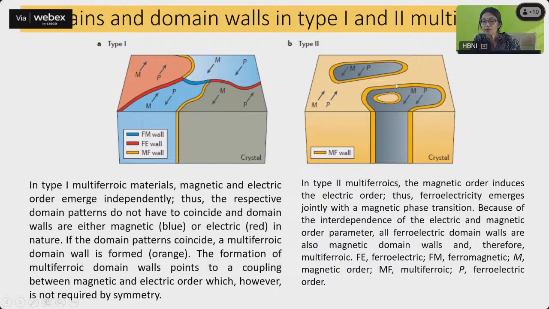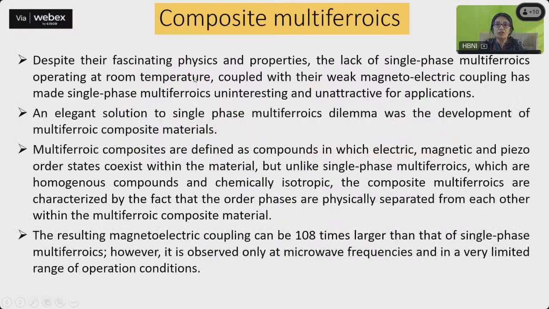So all of these are multiferroic walls because ferroelectricity emerges jointly with a magnetic phase transition. So you have seen how the domains and domain walls look in a type 1 and a type 2 multiferroic. Apart from this, you can have composite multiferroics.